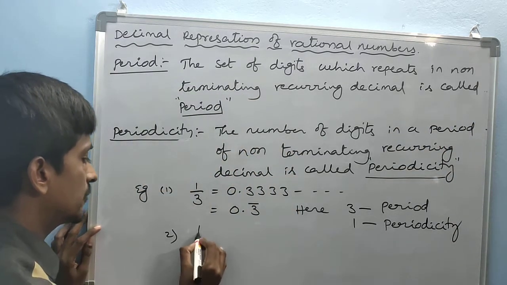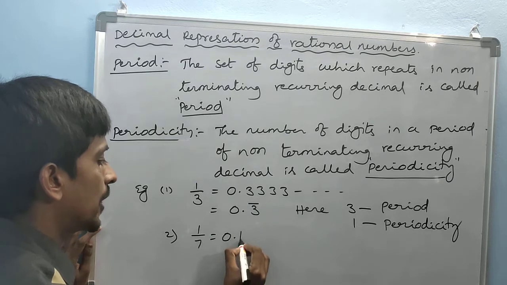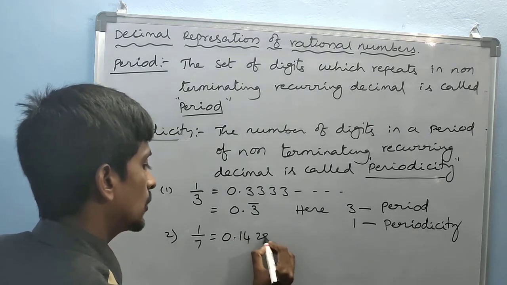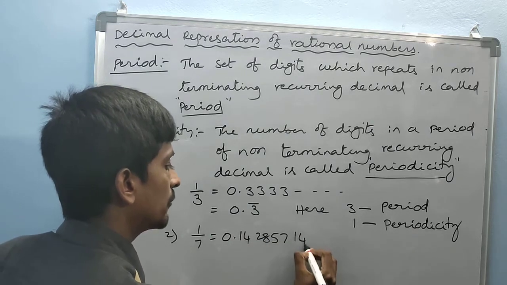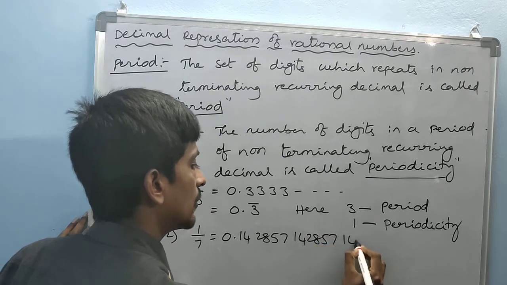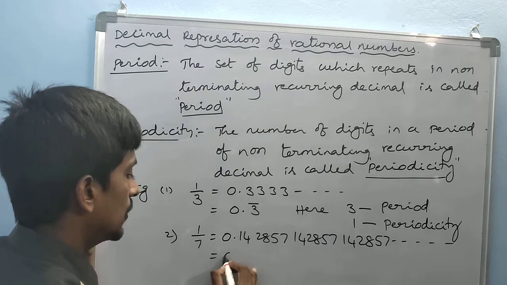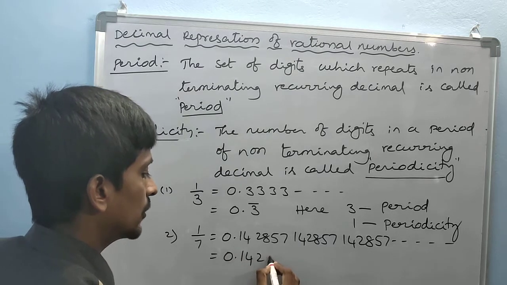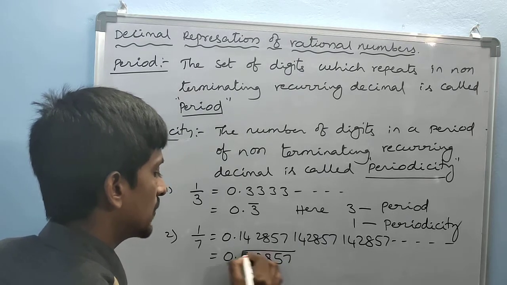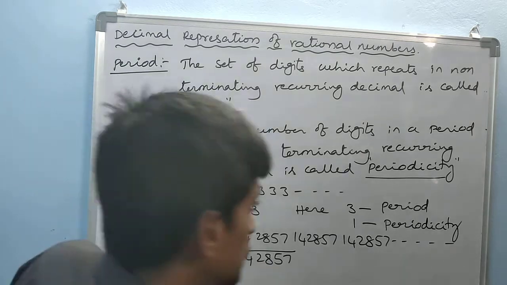And the second example is 1 by 7 equals 0.142857, 142857, 142857 and so on. So it is 0.142857 bar.